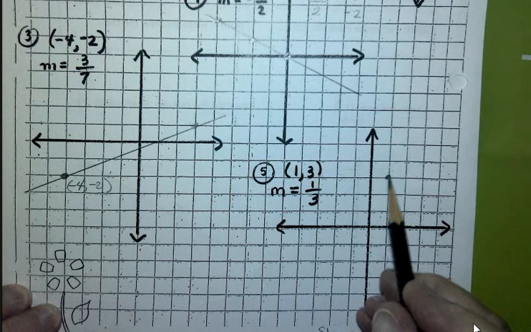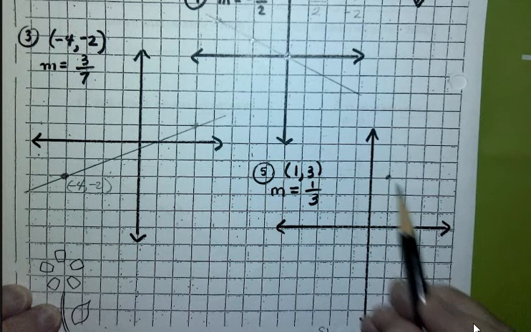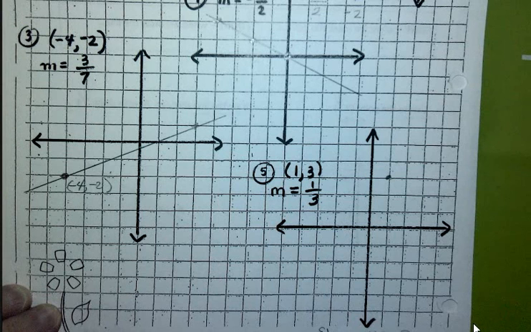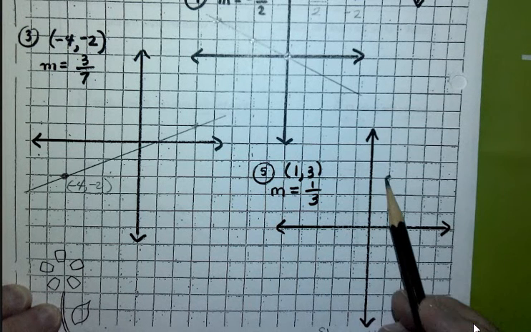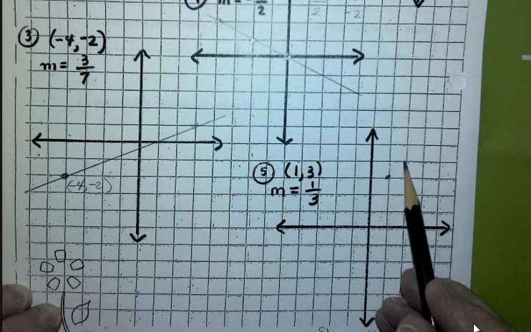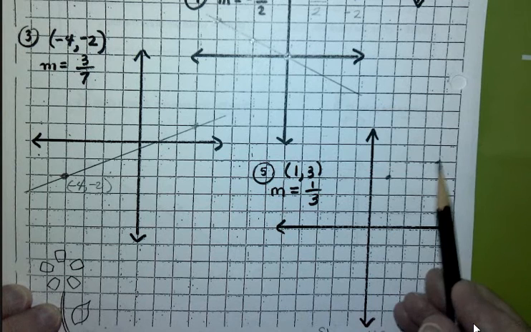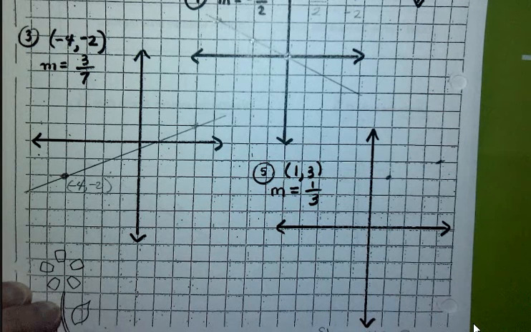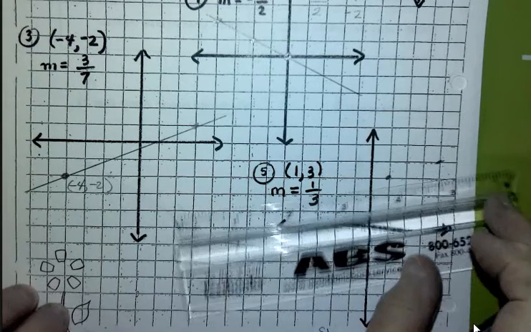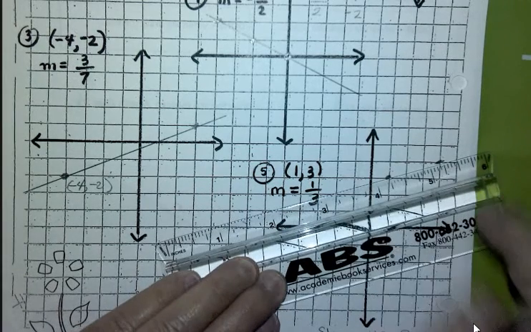Now my slope will do me some good. Until I know where to start, that slope doesn't really help. But I know I'm starting here. Now I have a rise of 1 and a run of 3. Those 2 points can be connected to come up with the line that is described, and that's the only possible line that would work.